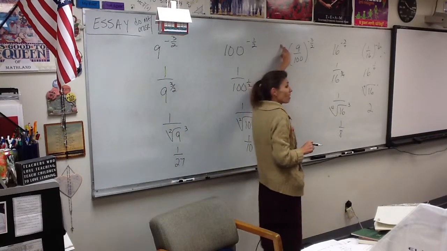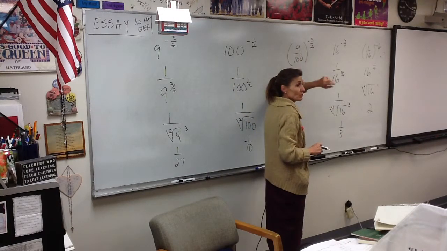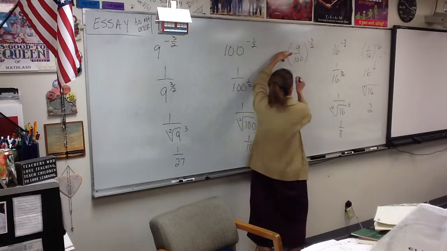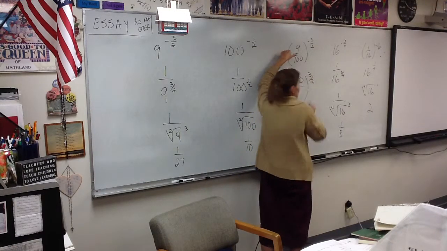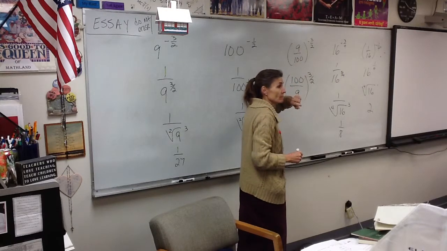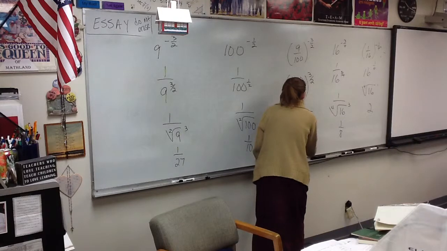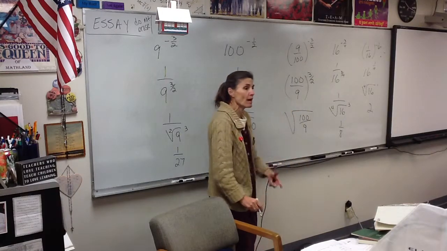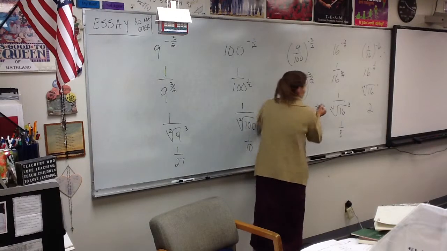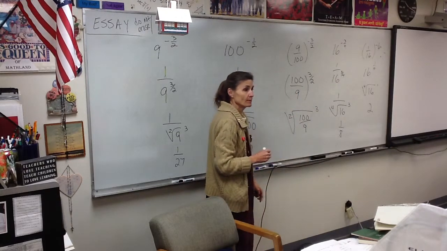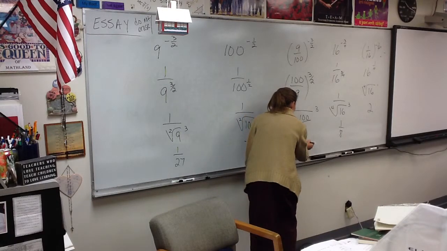And then, wow, big scary problem. What does the negative do? Flip, so it's going to make it 100 over 9, still to the 3/2 power. That means a radical. So I have 100/9 under a radical. What root am I taking? The square root, and I am cubing. So the square root of 100 is 10.